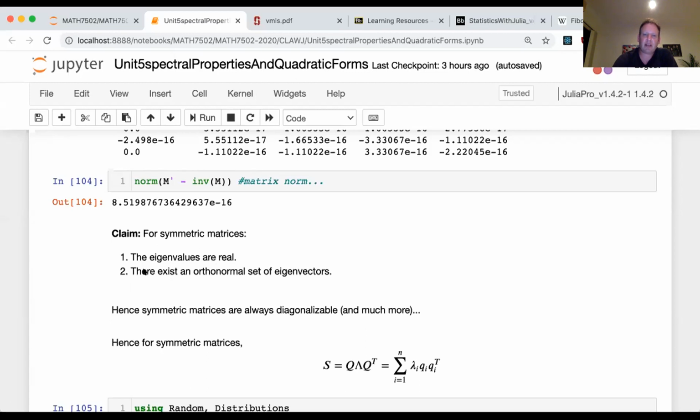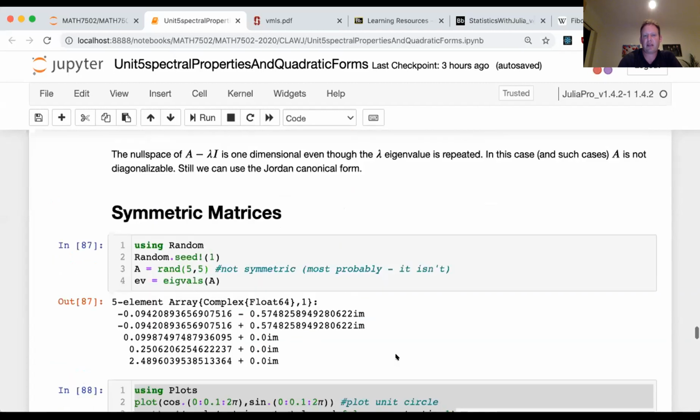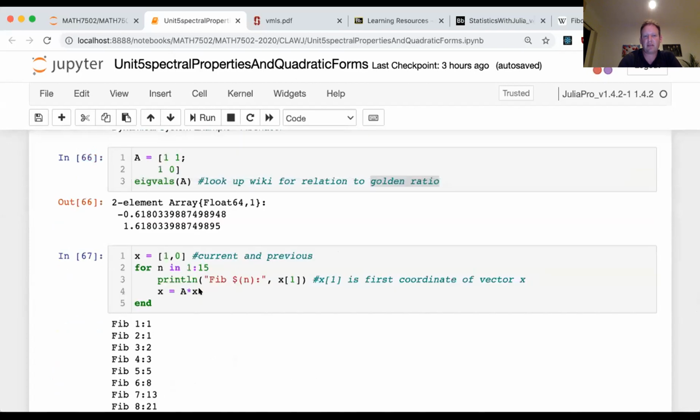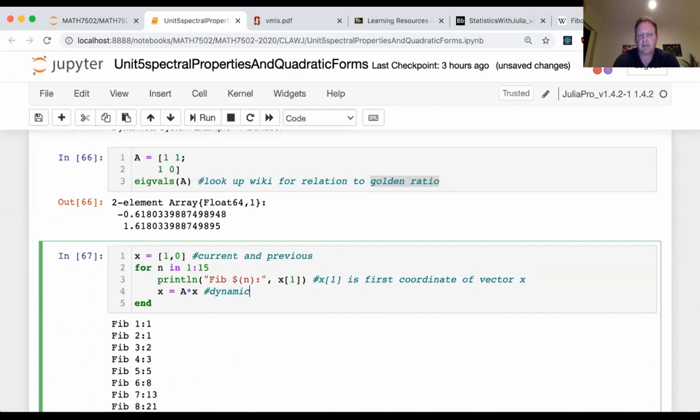We still haven't proved that the eigenvalues are real and there's an orthonormal set of eigenvectors, but a very good use of that is this spectral decomposition, which allows you to approximate matrices by truncating the sum and not taking all of the summands. But if you take all of the summands, this thing is exact. The other thing we did was dealing with dynamical systems, the dynamical system step evolution.